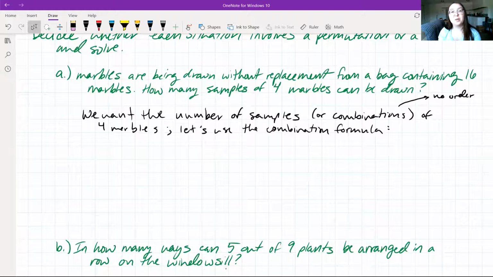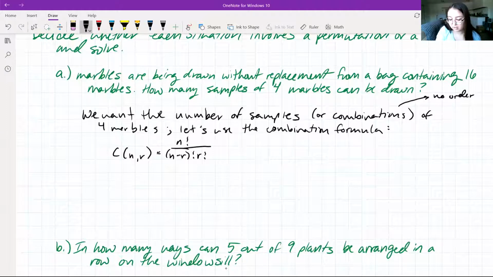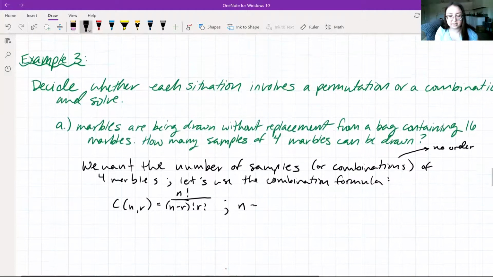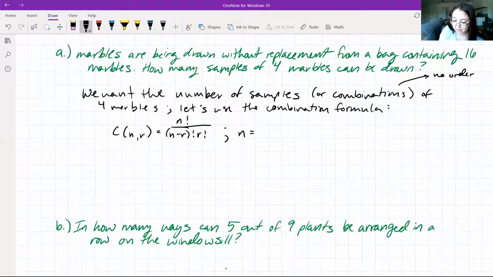All right, so we know we're going to be using the combination formula, which is C of n comma r is equal to n factorial divided by n minus r factorial times r factorial. We know our n. In this case, we have 16 marbles, so our n is going to be 16.